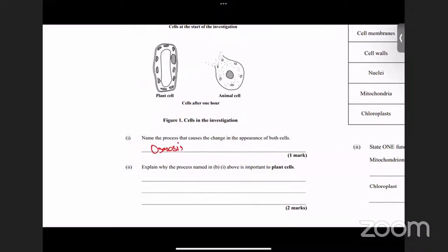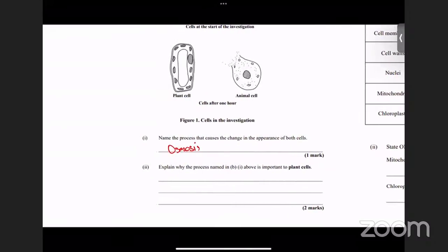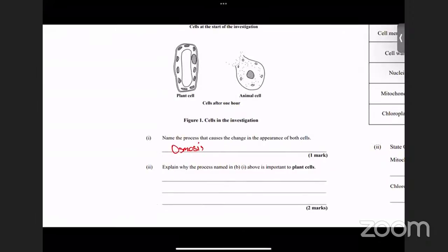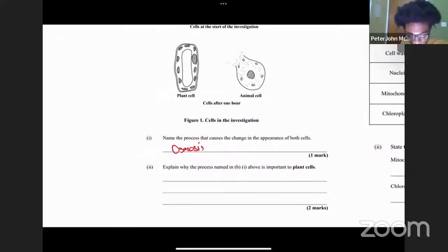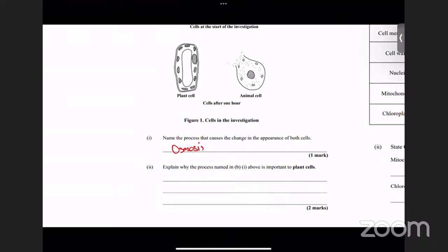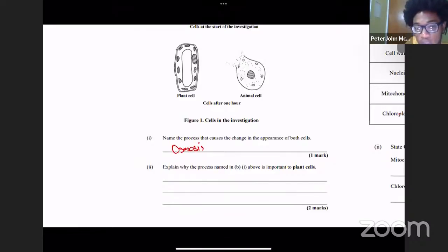Oh wait, but I did that one already. So explain why osmosis. All right, what's the answer? When the plant cell is placed in the hypotonic solution and water moves into it, it becomes turgid. On part two, explain why osmosis is important to plant cells.